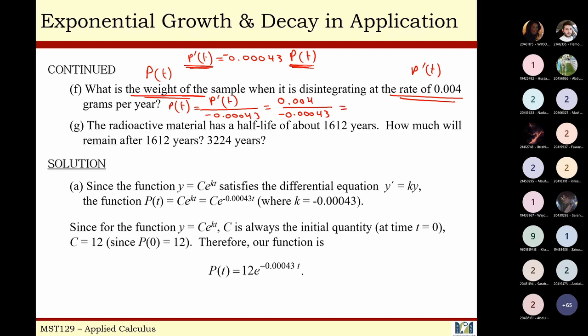This is the rate of decay, so it is negative 0.004. Now, B of t by calculator equals 9.3. So the amount of the radium equals 9.3.